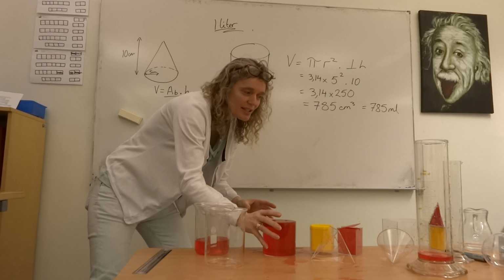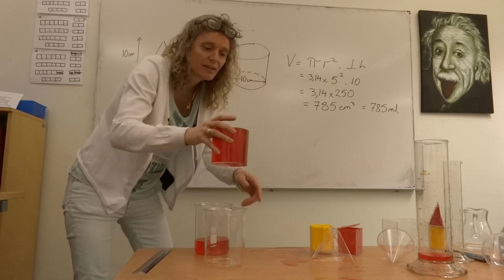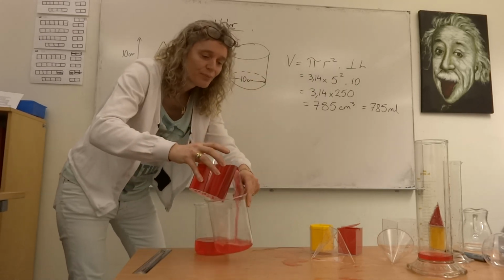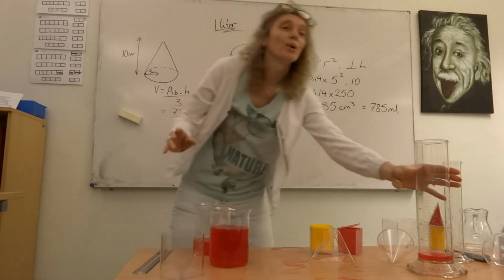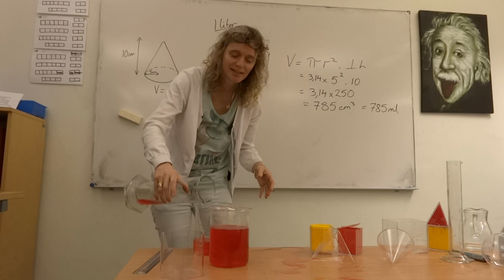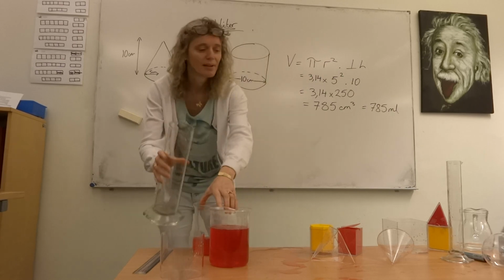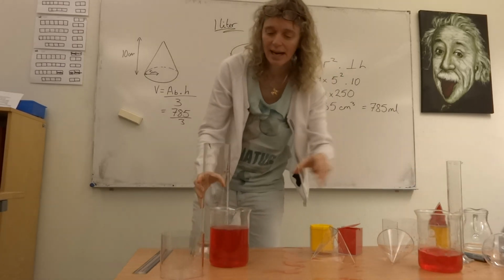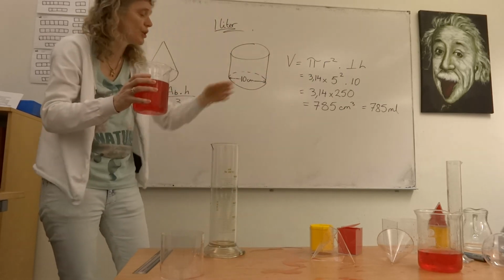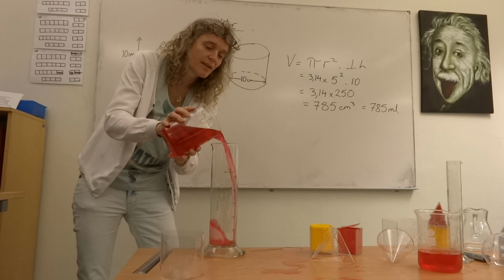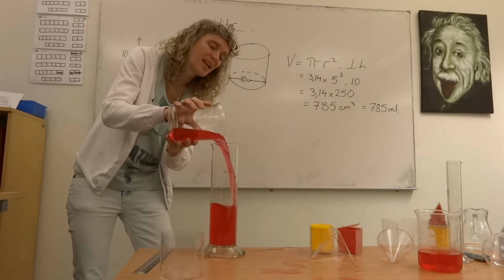We'll put it first in this beaker, I think. Then we'll empty the measuring cylinder, and then we'll pour everything over to the measuring cylinder. And hopefully we should have about 785 millilitres, plus or minus a bit.